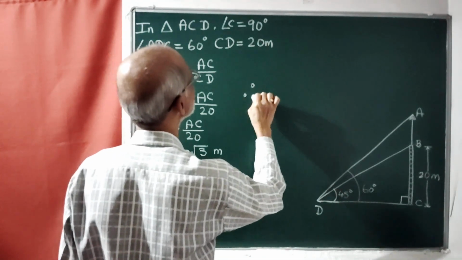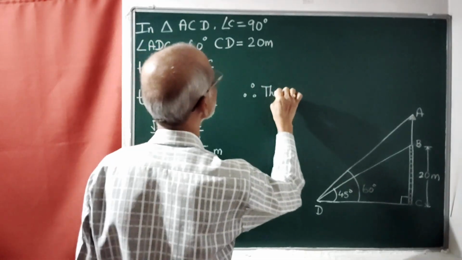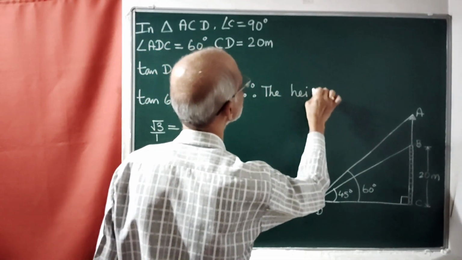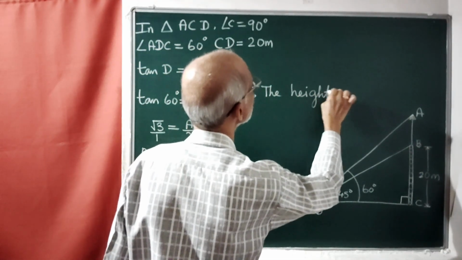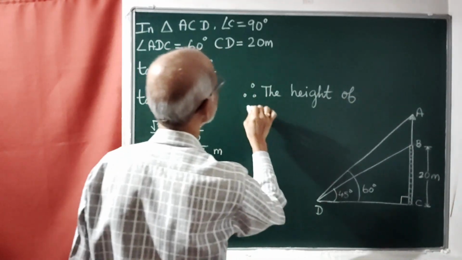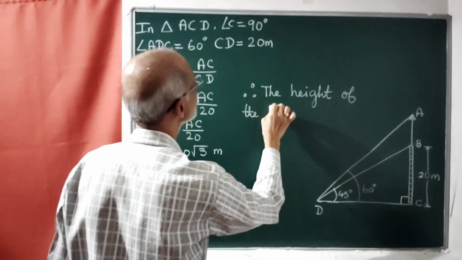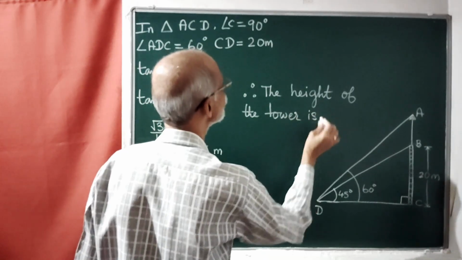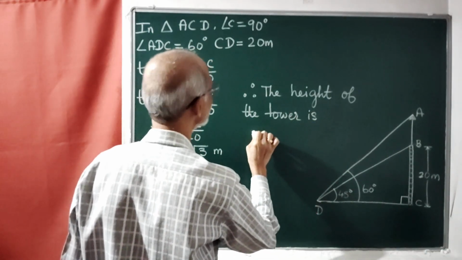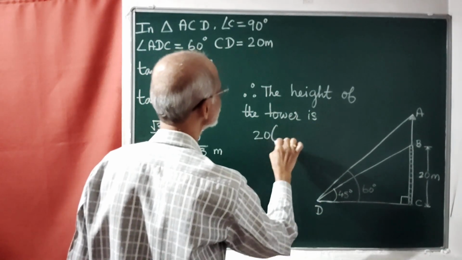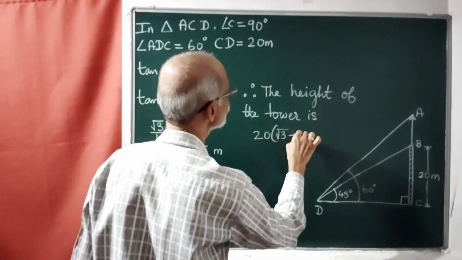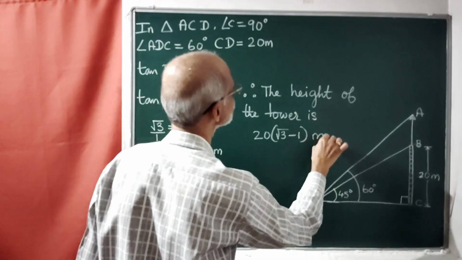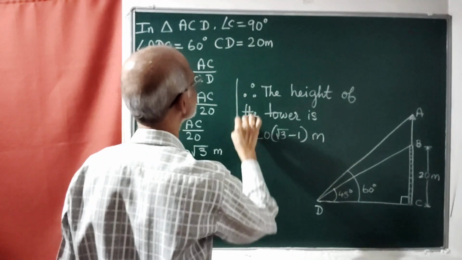Therefore, the height of the tower is 20 (root 3 minus 1) meters. This is the answer.